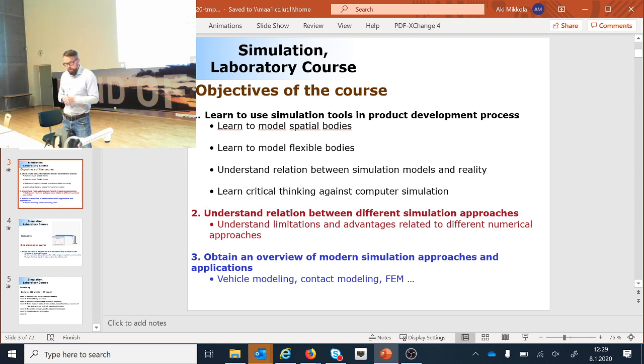That's particularly what we're going to do in this course, along with an overview of vehicle modeling, contact modeling, the finite element method, and so on. There we are combining things together and looking at the big picture rather than the details. Of course, a little bit of details too. How does it sound?